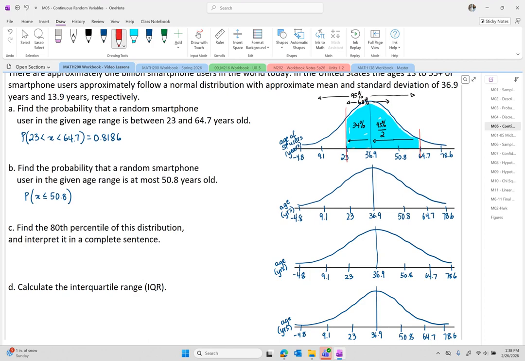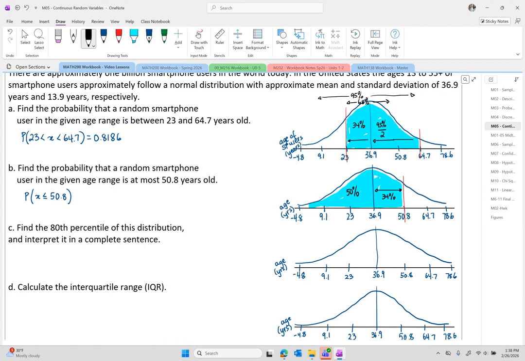And again, we can enter all of that in Art of Stat and then shade appropriately. But here, if they are asking us to use the empirical rule, we will say that from the mean all the way to the left, since the mean is the median, we have 50% of the data. And then from the mean to one standard deviation above the mean, we have 34% of the data.